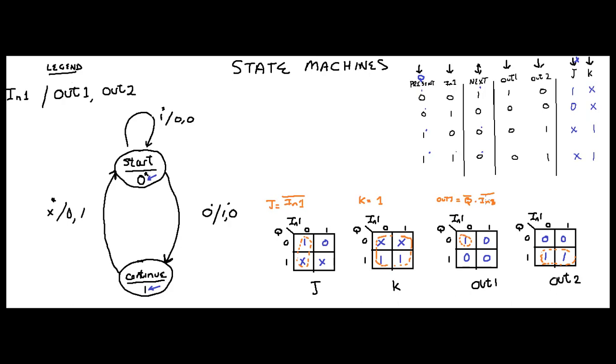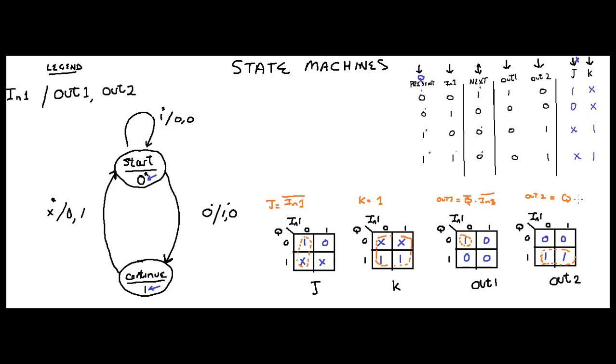In1 bar, right? And this one right here, out 2, that's going to equal, well, it looks like it's just going to equal Q, doesn't it? Okay?